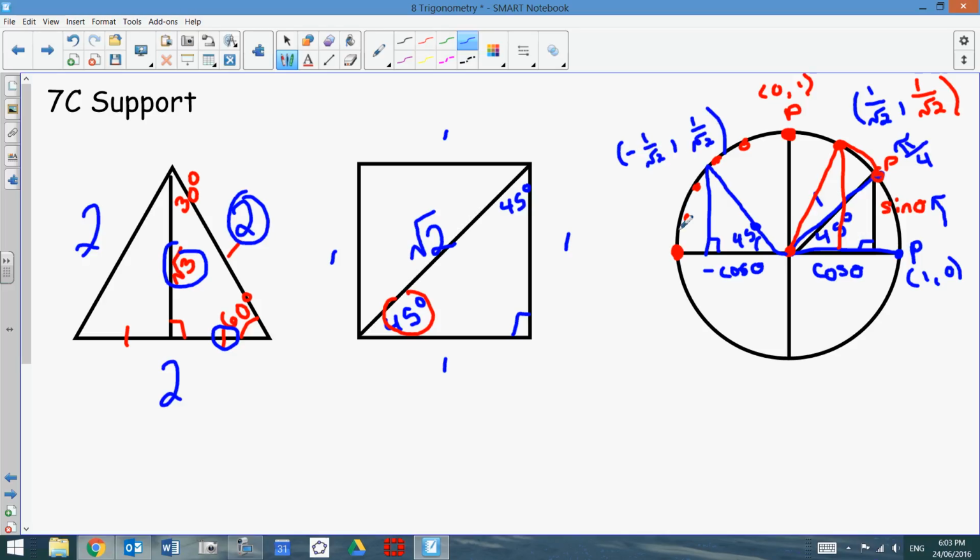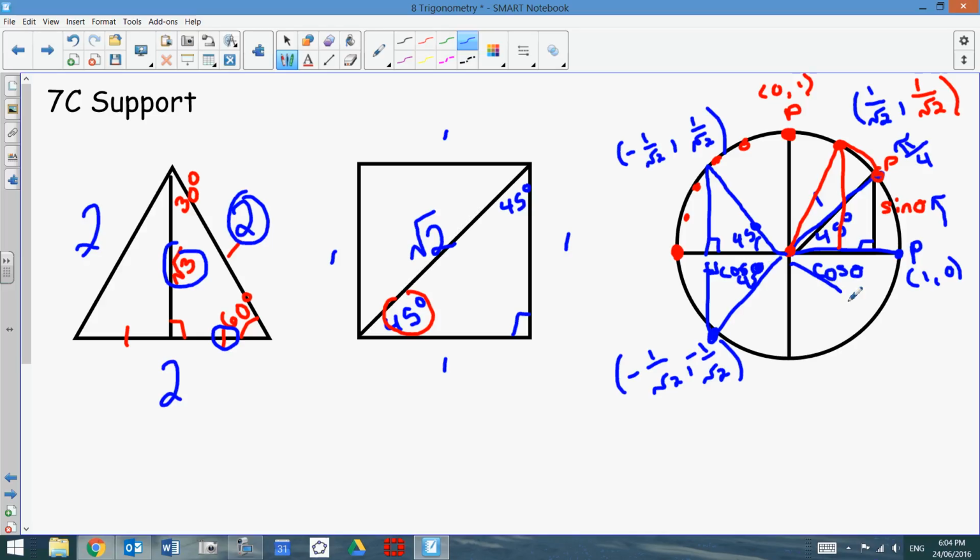So this whole idea of watching this point travel, here this point can stop in the third quadrant, and I can make the same matching triangle from the origin. So here would be my 45 degrees. There's my right angle. My cosine is negative, and now my sine is negative. So I'm going to have negative 1 over square root of 2 and negative 1 over square root of 2.